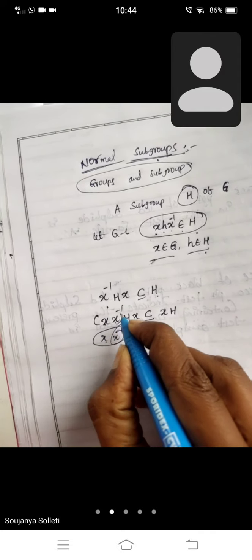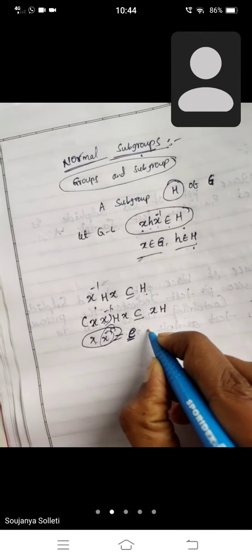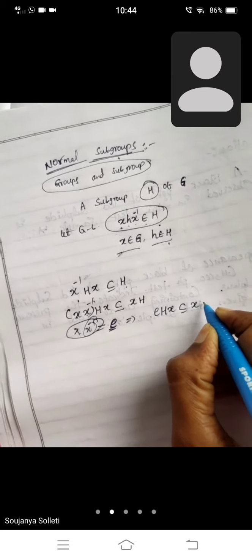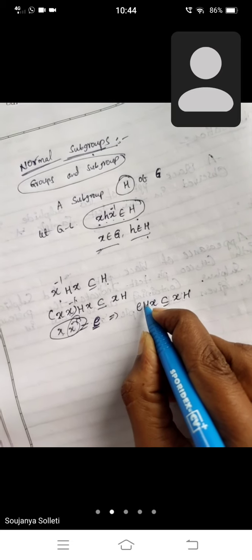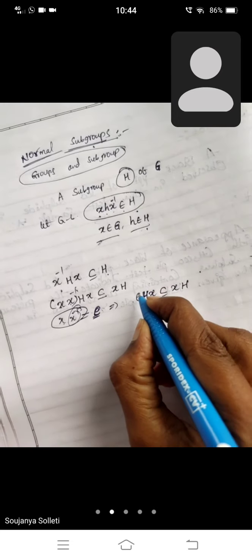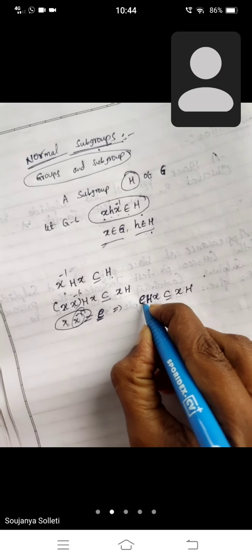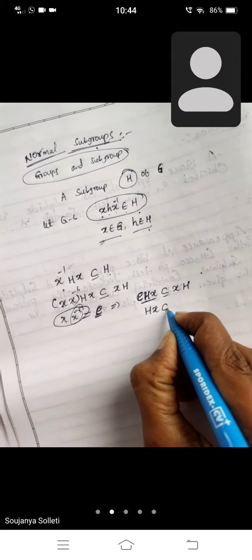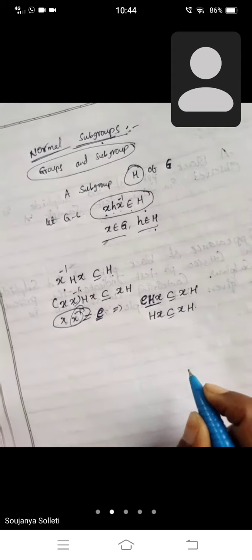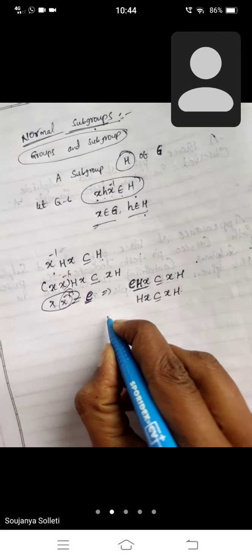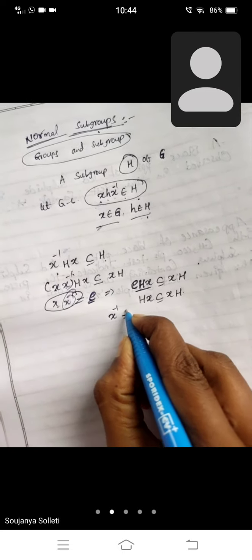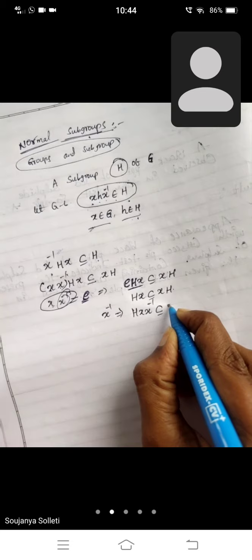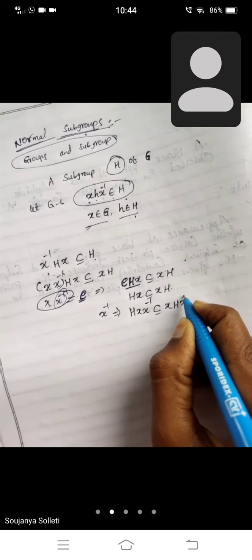So we get identity times H x, which is a subset of x H. Any element multiplied with the identity does not change, so we get only H x, which is a subset of x H. Again multiply both sides by x inverse. What will we get? x H x inverse is a subset of x H x inverse.